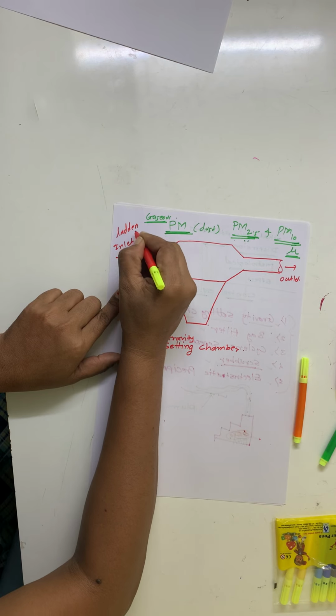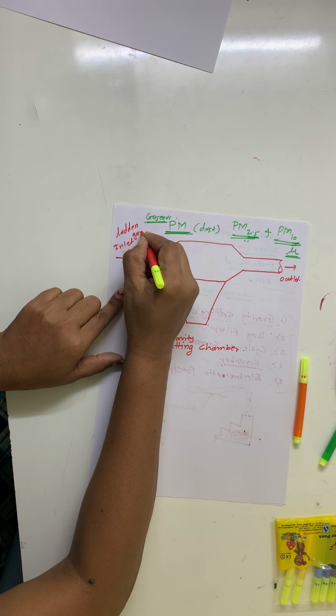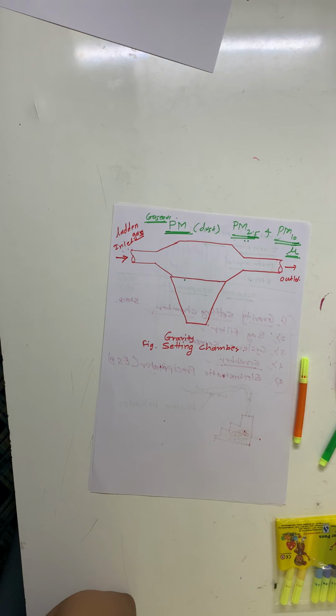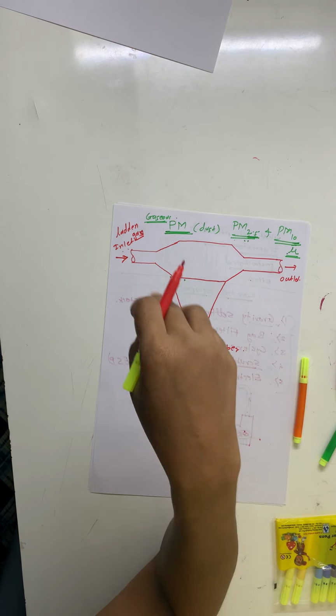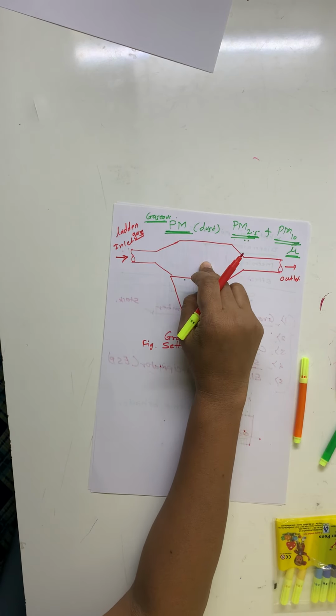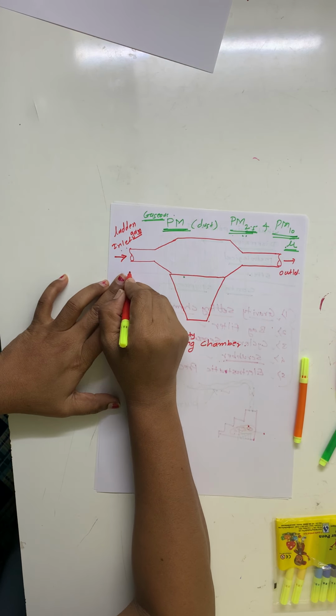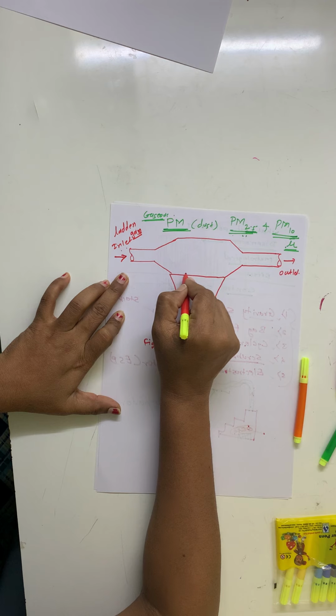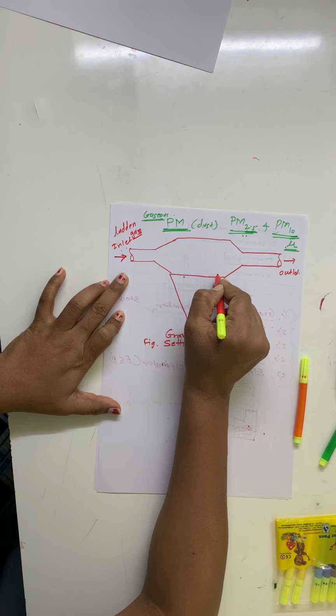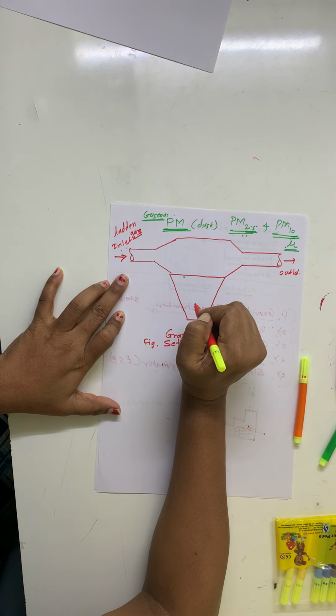Laden gas means impure gas which you want to treat, from which you want to remove the pollutants. It consists of a chamber in which the carrier gas velocity is reduced so as to allow the particulates to settle out of the moving stream under the action of gravity.